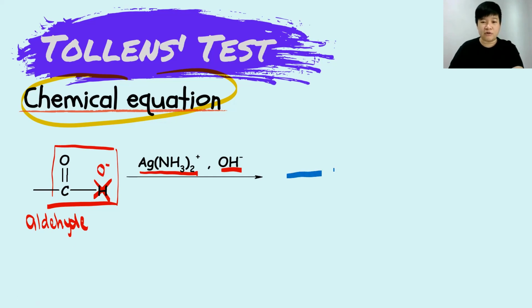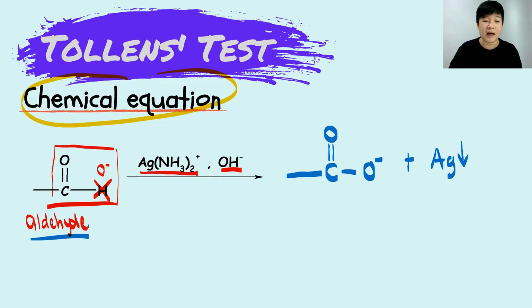So your product will be as simple as C double bond O remaining, the H removed and replaced by O minus, and then forming a silver mirror precipitate. That's it. Alright, so it's really simple, and that's why it must only happen to aldehyde, because it's the hydrogen that we remove and replace with the O minus.